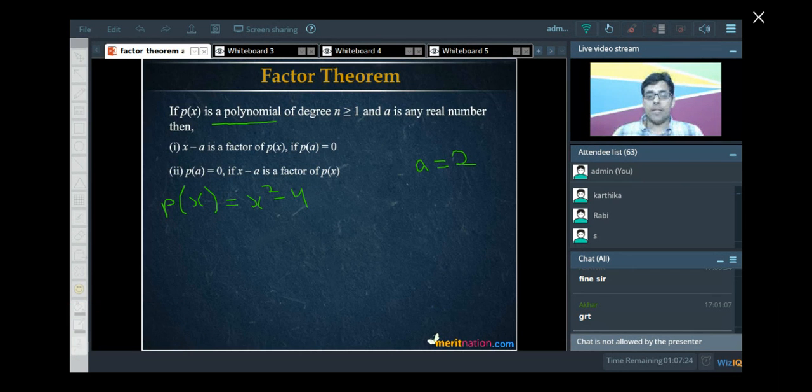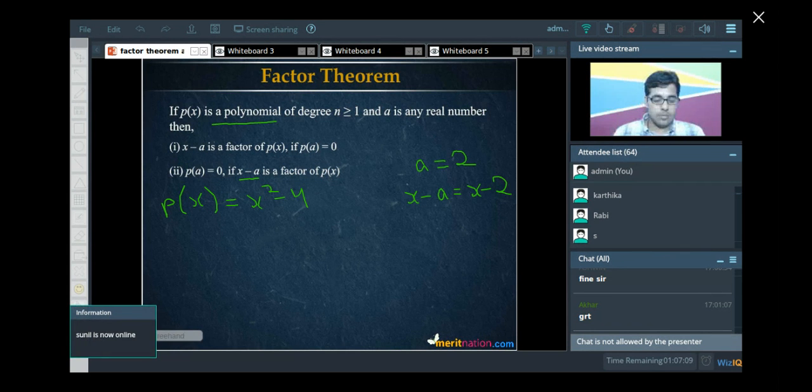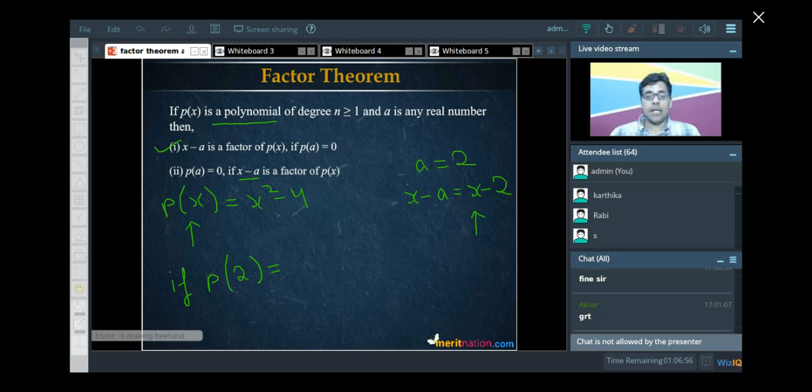Therefore we will have x minus a become x minus 2. Now according to the first point, x minus a, or x minus 2, is a factor of this polynomial if p(a), or p(2), becomes 0. Let's now check this.